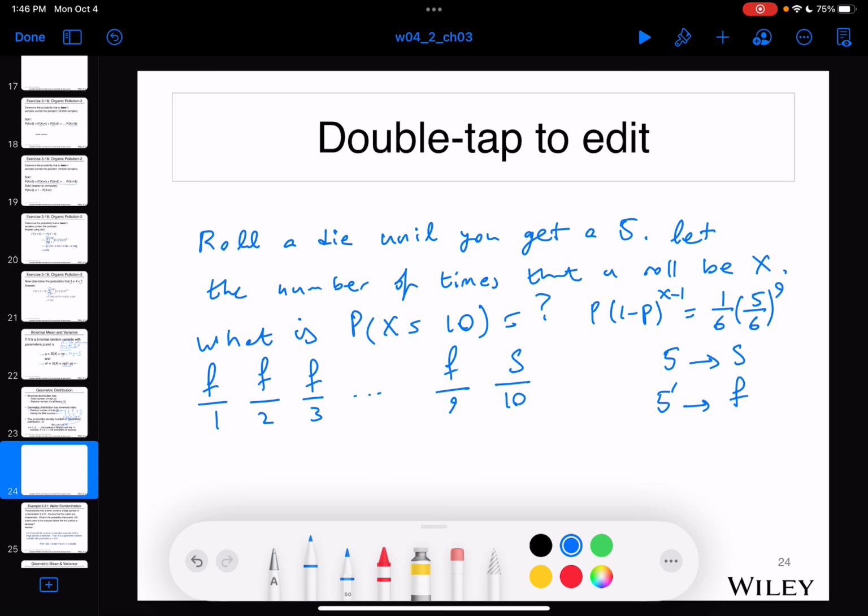So it means that in none of the previous trials did I get a 5. Otherwise, I would have stopped the experiment. Probability of failure in the first trial is 5 divided by 6, in the second trial is 5 divided by 6, in the 9th one is also 5 divided by 6. And in the last one, probability of success is 1 divided by 6. And that's the answer.